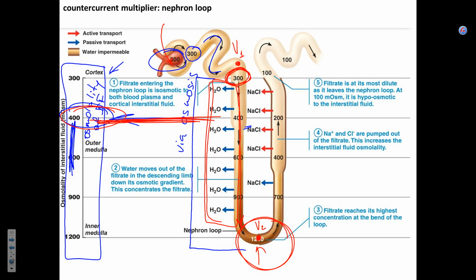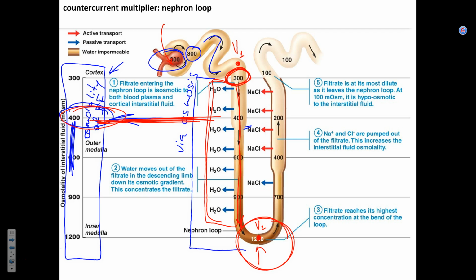Listen carefully. Think. It's actually a simple question. Which volume is bigger? V1.